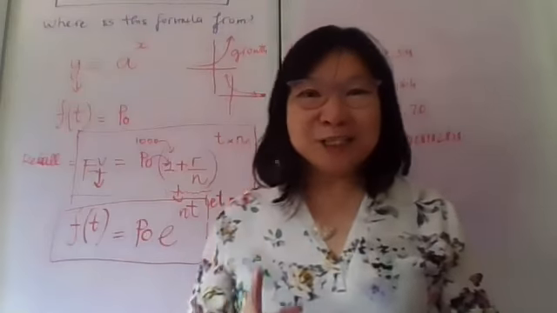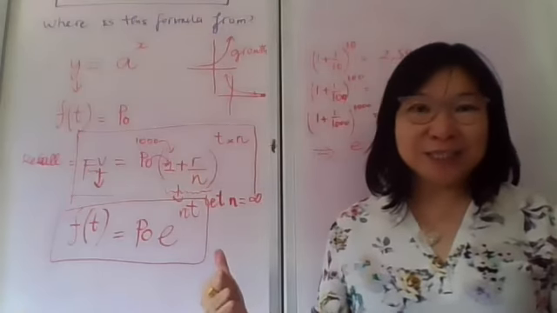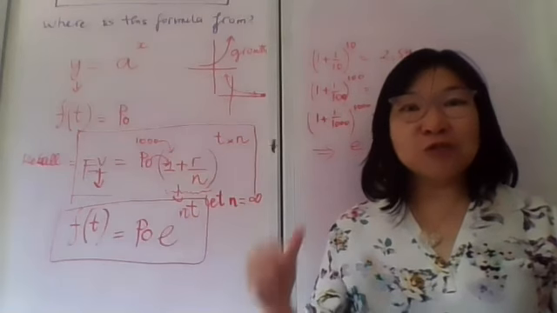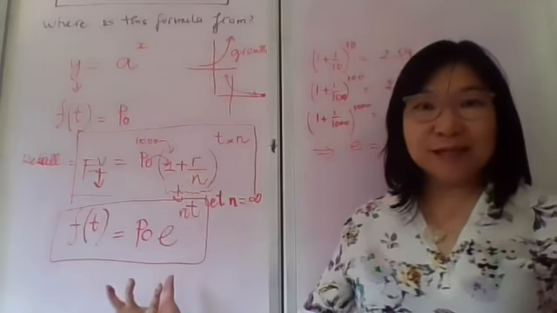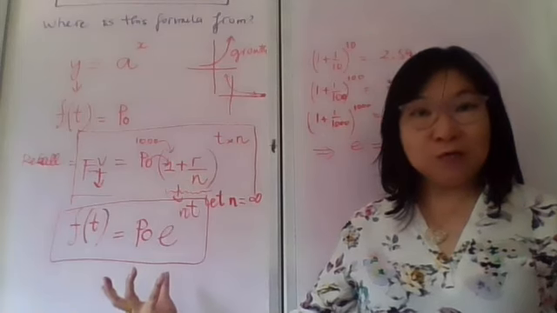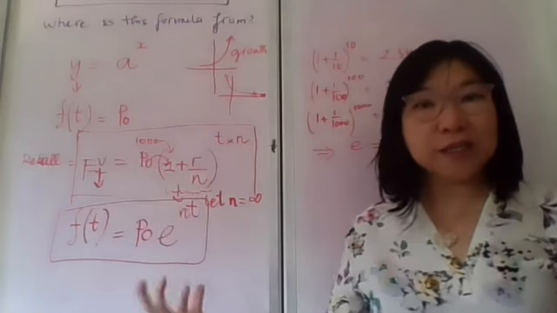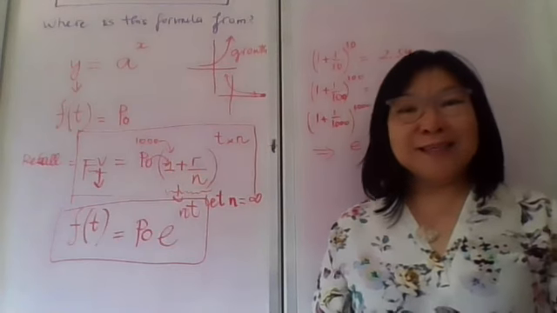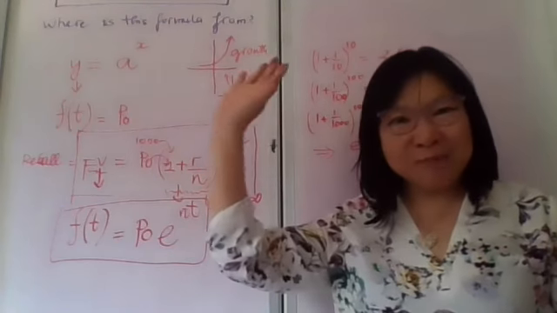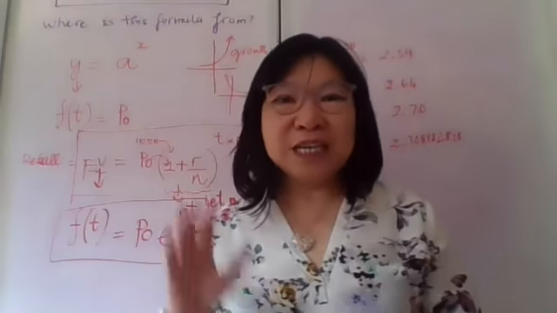So stay tuned for the next video. We'll get right into the application of it. I hope now all of you accept this formula, right? And understand it as well. We not only accept it, but we also understand where it came from.